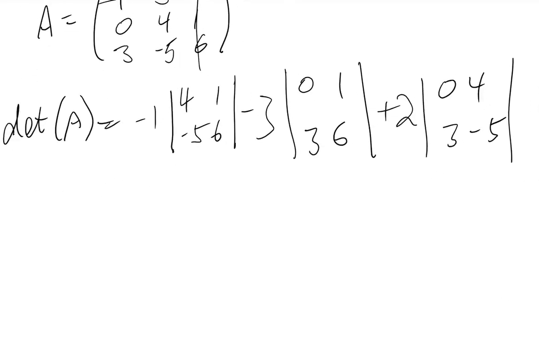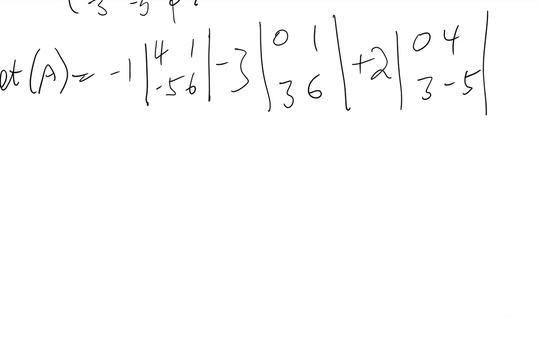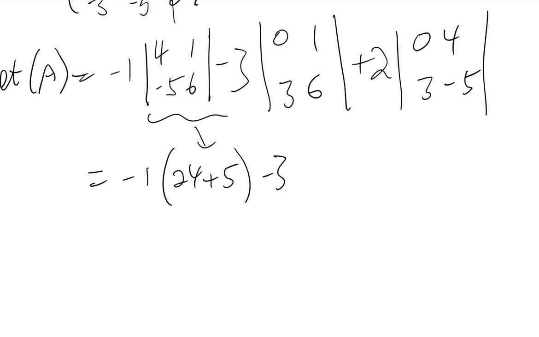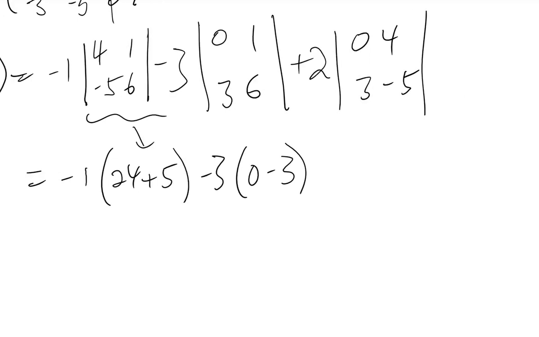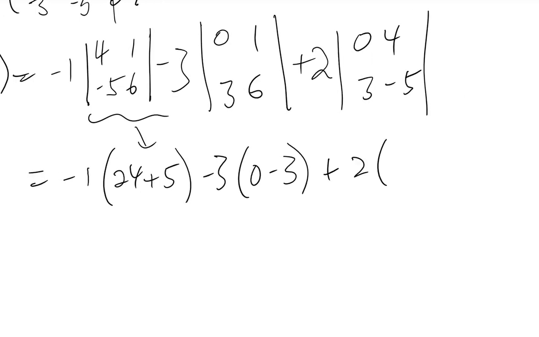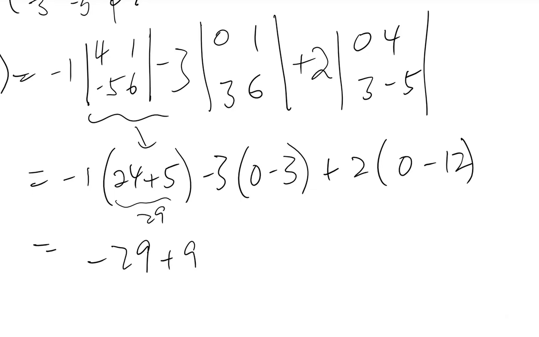And so now you just finish all this out, which gives you -1 times 24 plus 5, minus 3 times 0 minus 3, and then plus 2 times 0 minus 12. So this here is 29. So -29. This is -3, so plus 9, and this is -24.